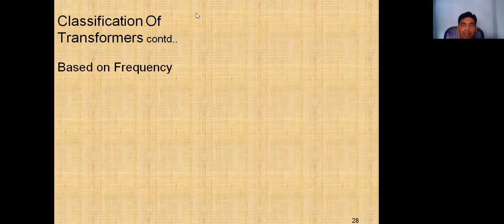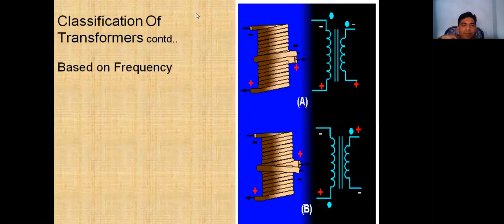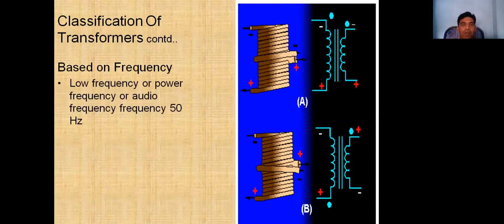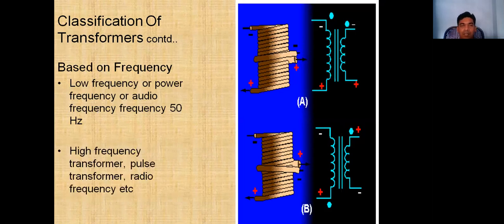And based on the frequency, they are called low frequency or power frequency or audio frequency transformers, high frequency transformers, pulse transformers, and radio frequency transformers.